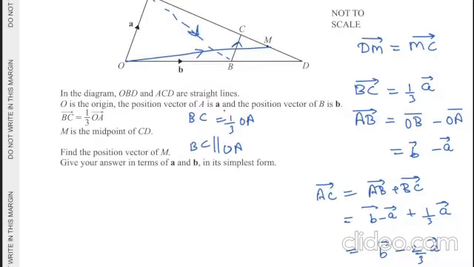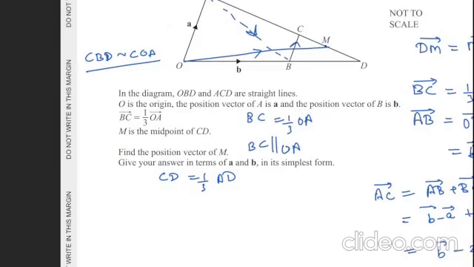So we can say triangle CBD is going to be similar to COA. So because of that, we can say CD is also 1/3 of AD.